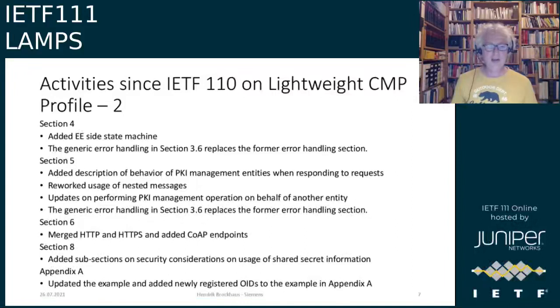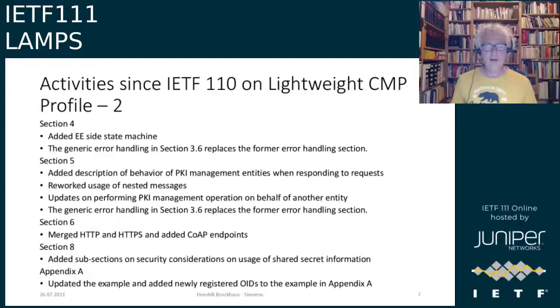In section 5, we did some restructuring. We introduced a section 5.1, which indicates how a PKI management entity responds to requests. Section 5.2 was there already, but we reworked it. This is how a PKI management entity forwards a message to a further upstream PKI management entity.